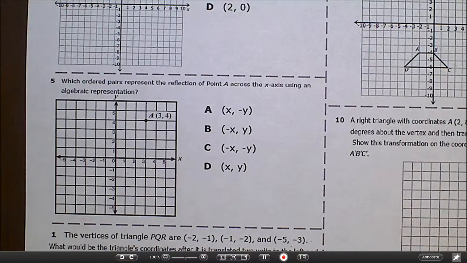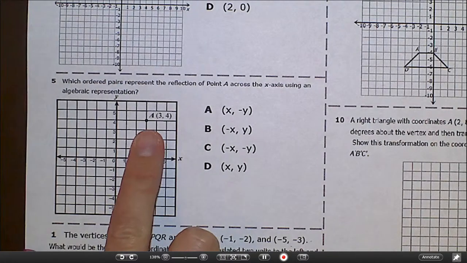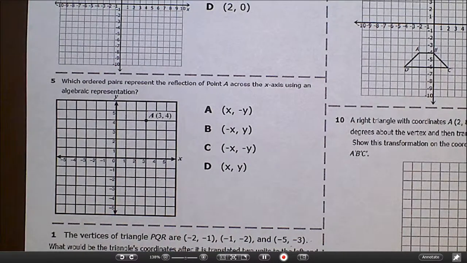And you need to give an algebraic representation. So what happens to x and what happens to the y for this point when it becomes A prime. When you finish that, then you can bring me your paper to get 3 stamps for number 6, number 9, and number 5, and then you can continue the video. So please pause now.